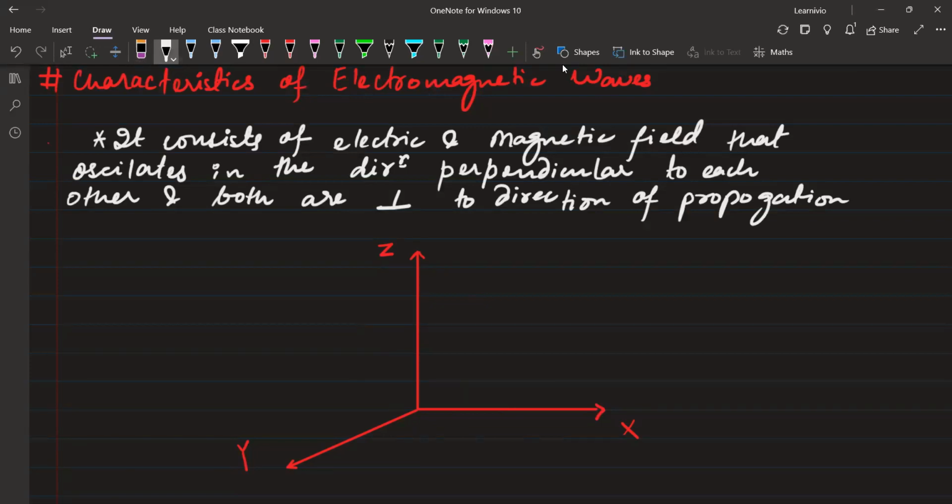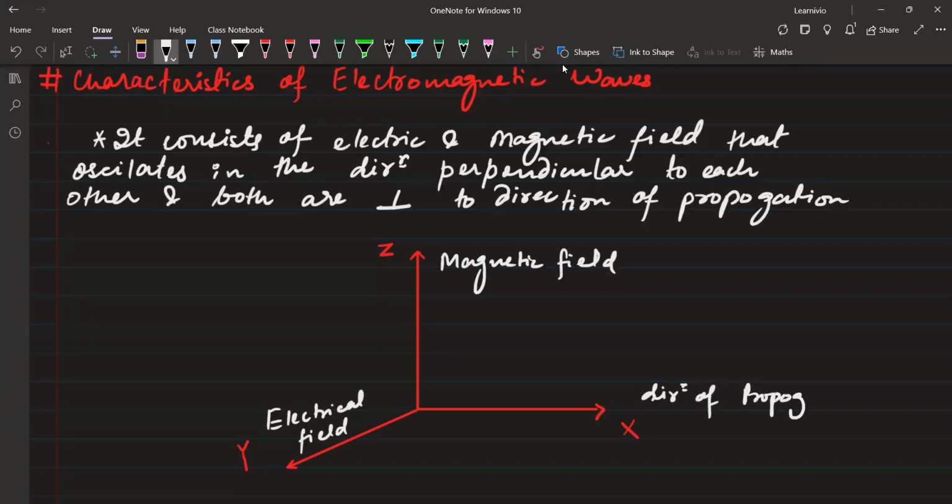Let's suppose that z is the magnetic field, and in y direction we are having the electrical field. And then in the x direction we'll be having the direction of propagation.